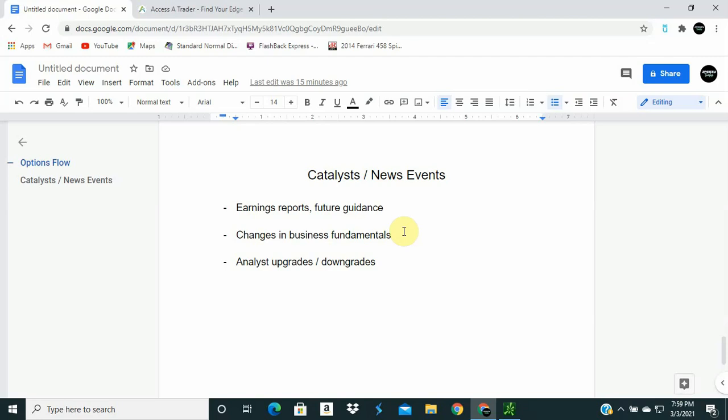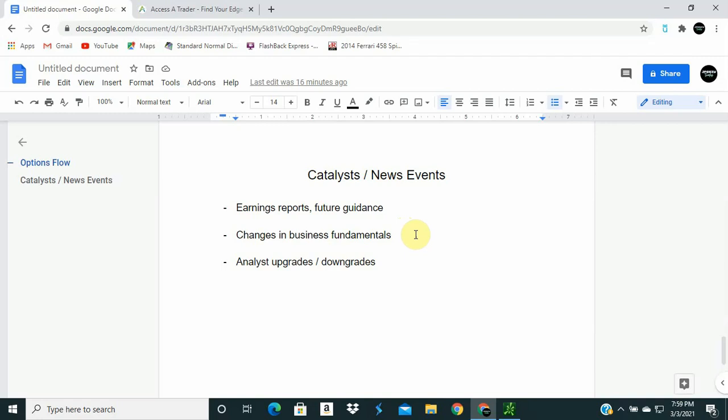A lot of times stocks will be downgraded intentionally because banks and large investors want to buy more. So they want to see the price decline in the short term only because they believe in the business long term and want to acquire more shares for cheap. So you have to be careful when looking at upgrades and downgrades. I would say out of these three, I care the least about upgrades and downgrades. It's just another piece of news that can go into the big picture.